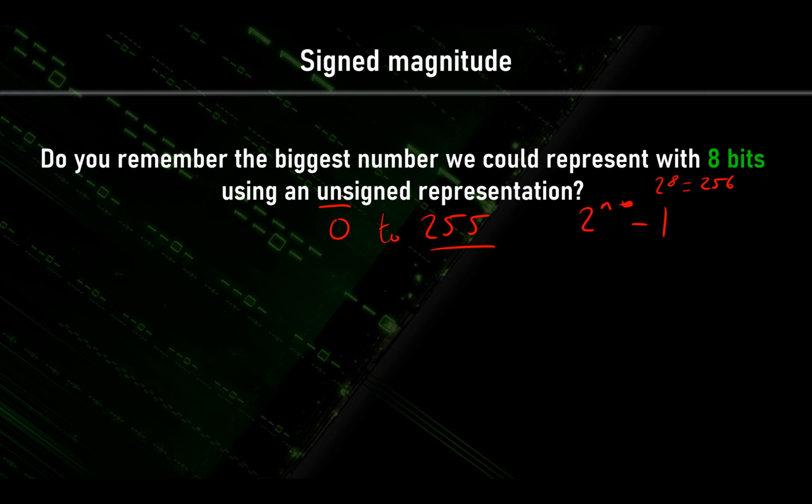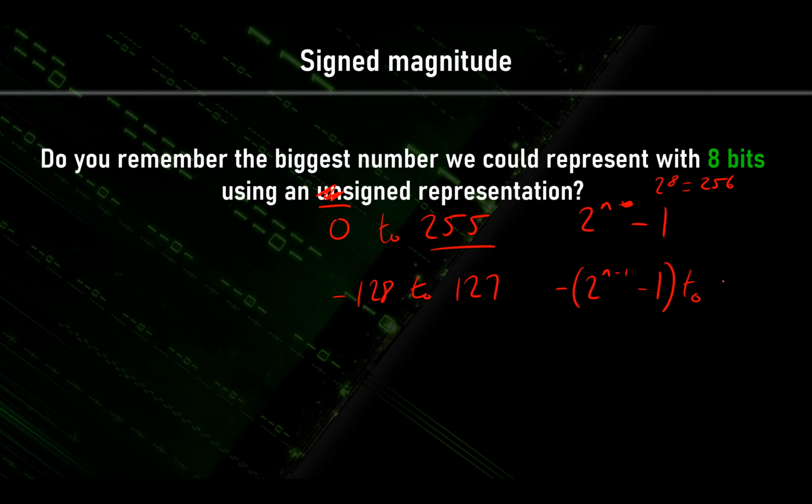Now, if we're talking about signed, this means negative and positive. In this case, the range is going to be minus 128 to 127. And the formula for that, let's try not to make a mistake. This is going to be the smallest value.